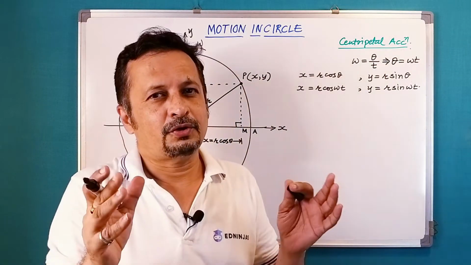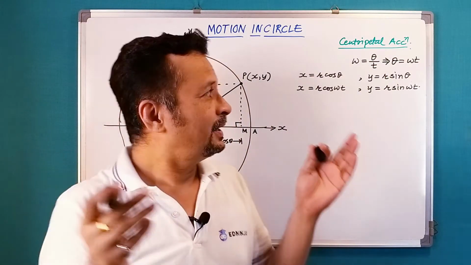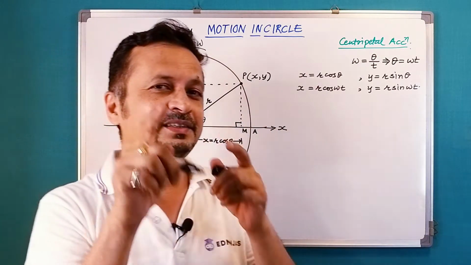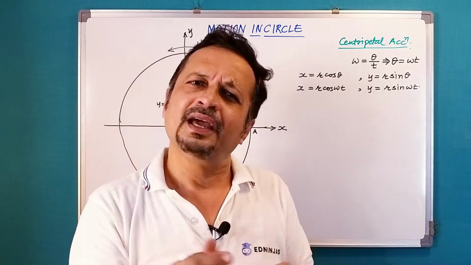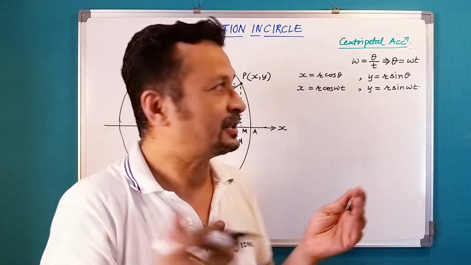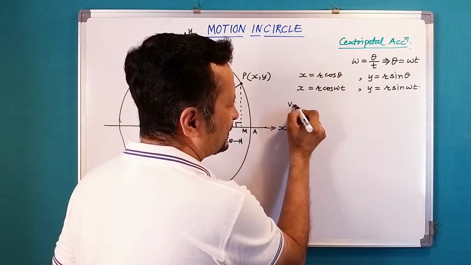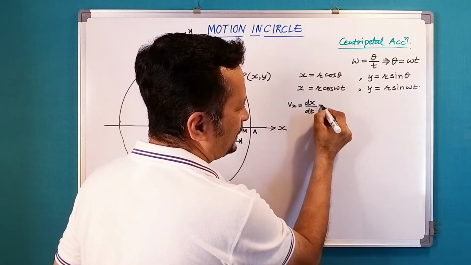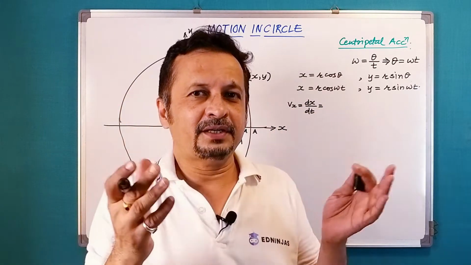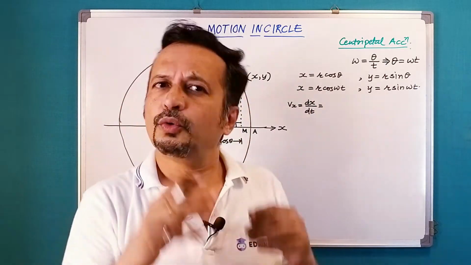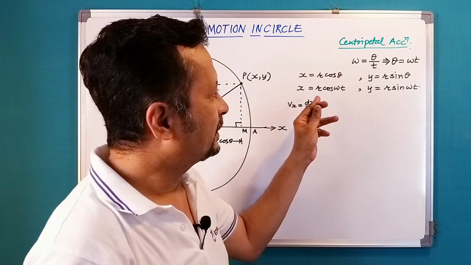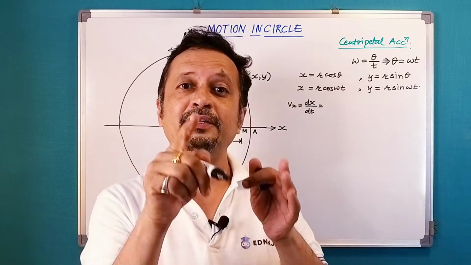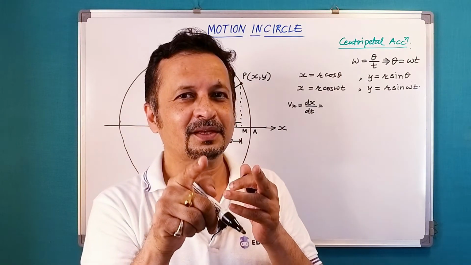I want to find the velocity now. x is the displacement along the x direction and y is the displacement along the y direction. So if I differentiate the displacement along x, I will get the x component of velocity, isn't it? So Vx is equal to dx by dt. My radius r is constant, omega is constant. Then I take the derivative of cos omega t, which is minus sin omega t, but then I have to multiply by omega, by the chain rule.